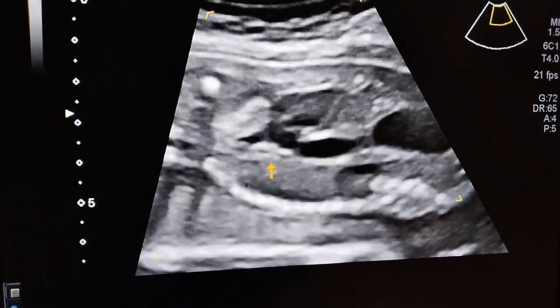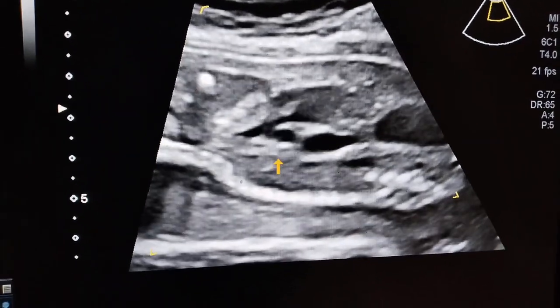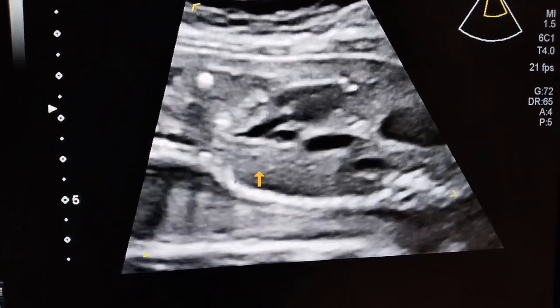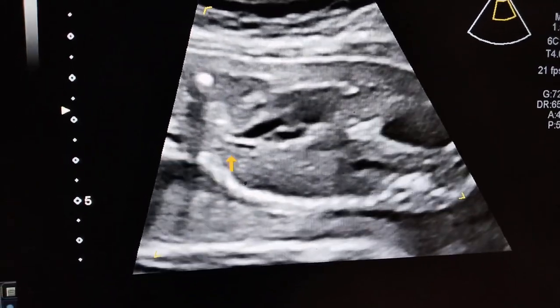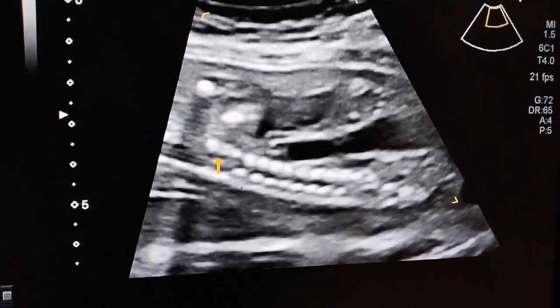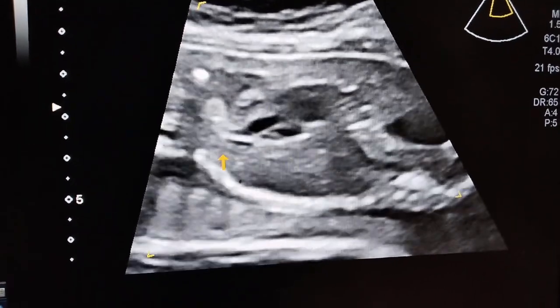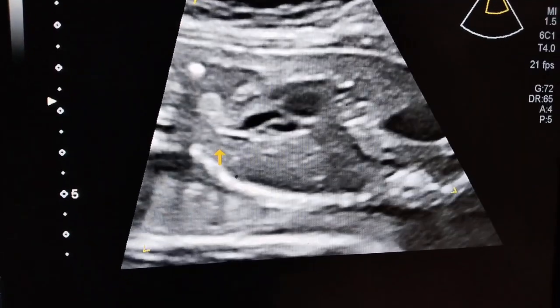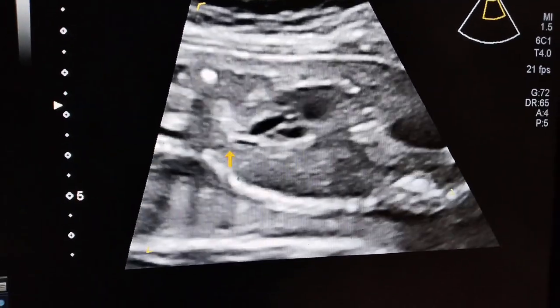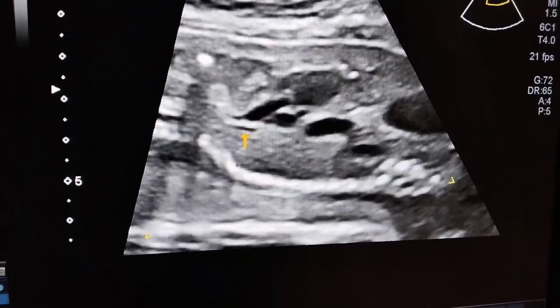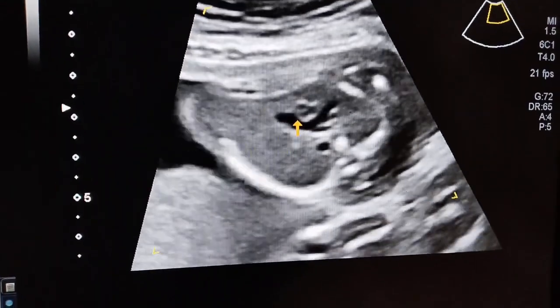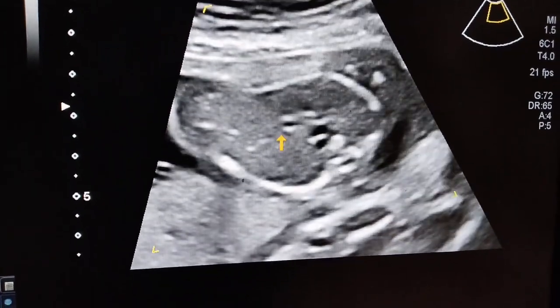So it has crossed the diaphragm on the right side, and it has reached or herniated into the right thorax region, so it is causing displacement. We see it on the transverse section.